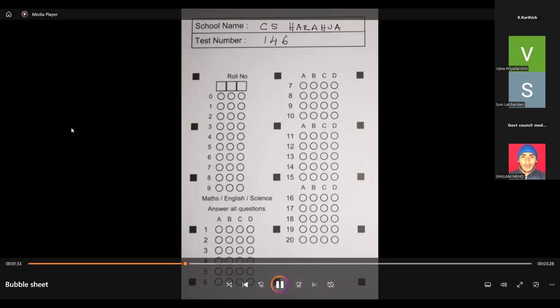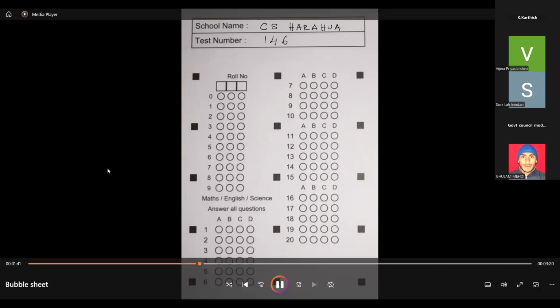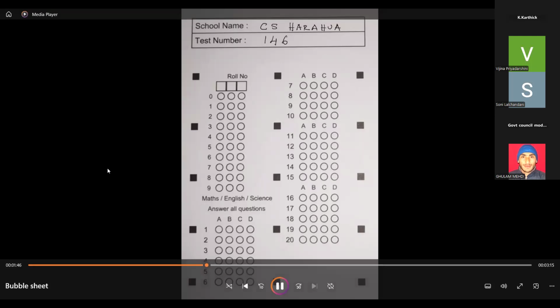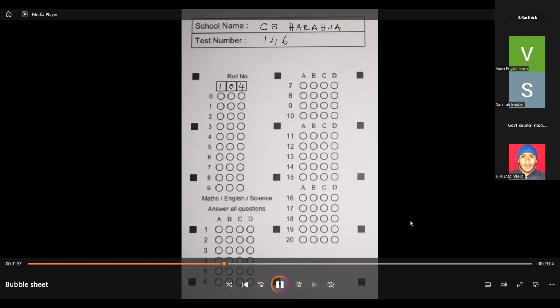Next thing is roll number. In your school, as per attendance, you will be given a roll number. That number you should write. For example, if your roll number is 104, you should write 104 in these three boxes. Again this is example only.